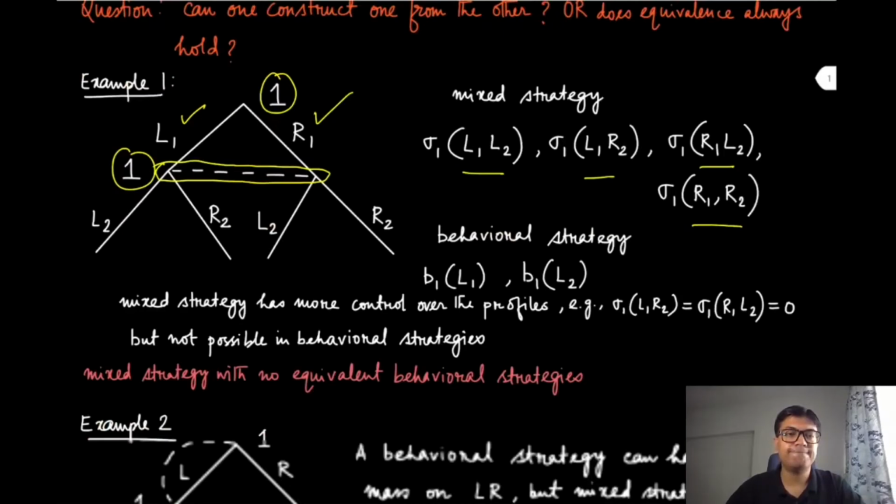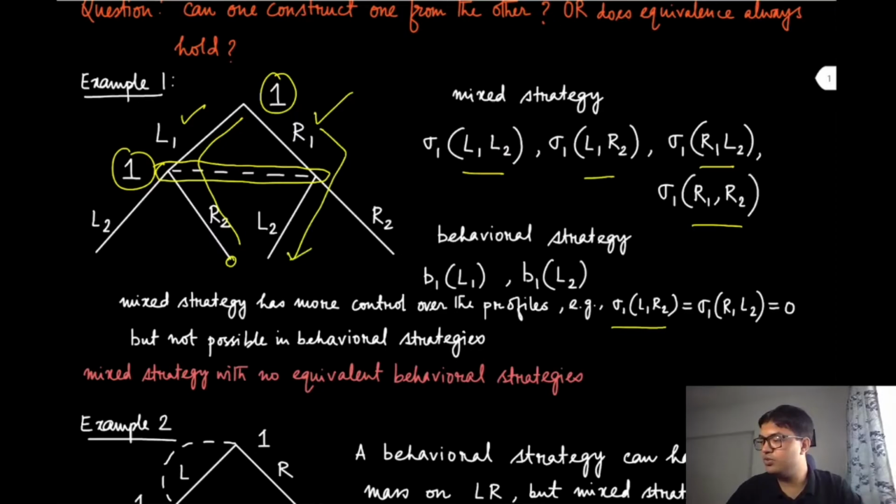Now, the mixed strategy seems to have more control over these profiles. For instance, if we look at sigma 1, we can actually put the probability mass directly onto an outcome. So for L1 R2, at this node we can put a probability mass of 0. Similarly for R1 L2, we can also put a probability mass of 0.